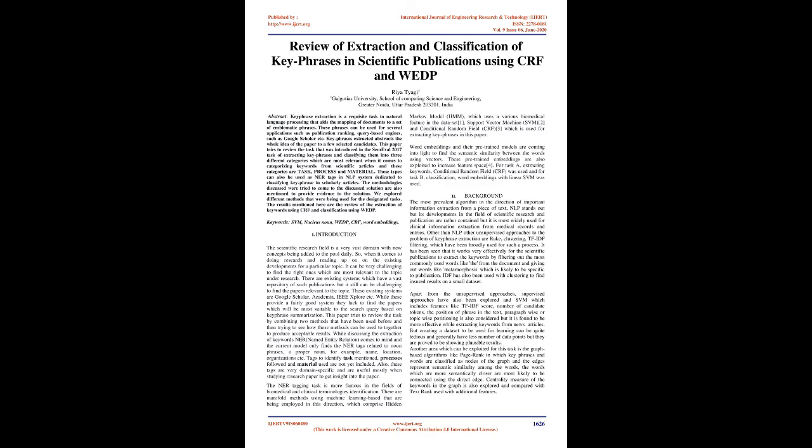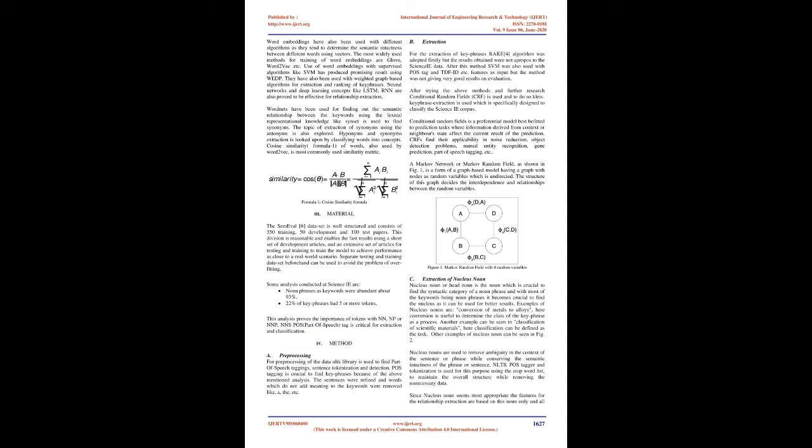Word embeddings and their pre-trained models are coming into light to find the semantic similarity between the words using vectors. These pre-trained embeddings are also exploited to increase feature space. For task A, extracting keywords, conditional random field, CRF, was used, and for task B, classification, word embeddings with linear SVM was used.